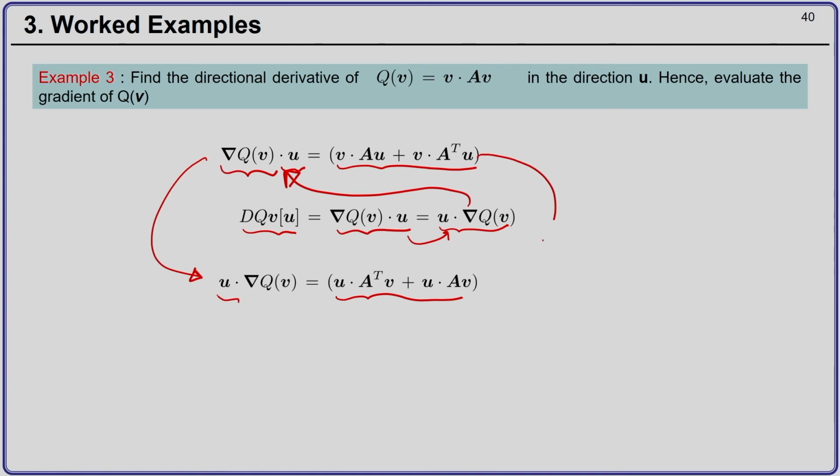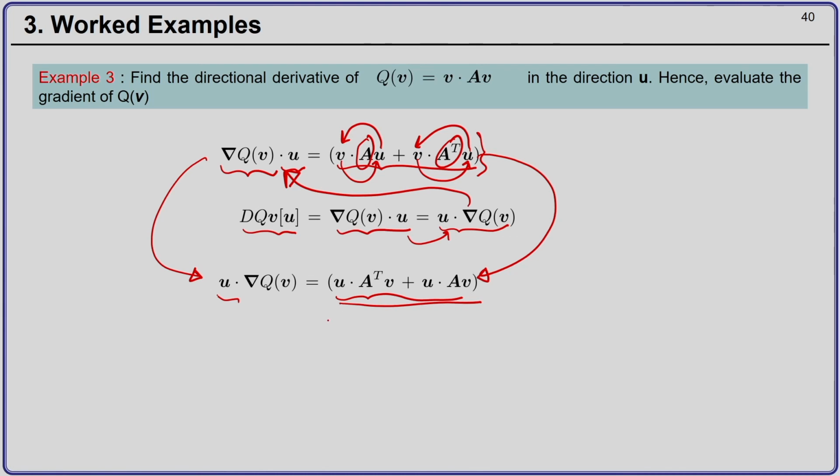Remember, what I have done here is shift u from the right hand side to the left hand side. If I shift u here and v here, I get a transpose on A. If I get u here and v here, I get a transpose of the transpose, which is the tensor itself. So, I will have u dot A transpose v plus u dot A v.